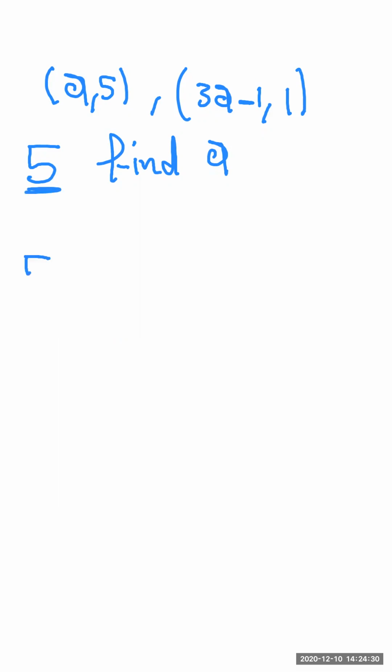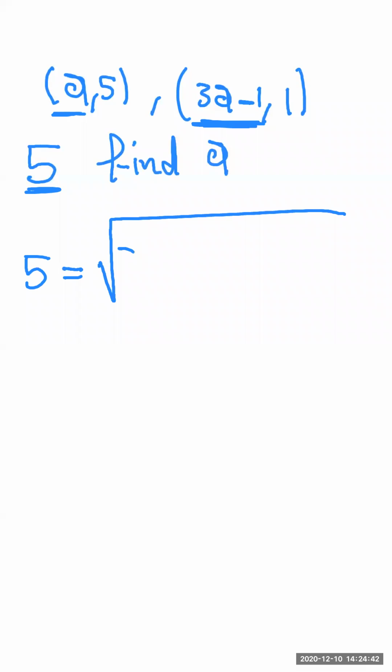So 5 will equal the square root of x2 minus x1. x2 is 3a minus 1, minus a. So 3a minus 1 minus a squared plus y2 minus y1, so 1 minus 5 squared.